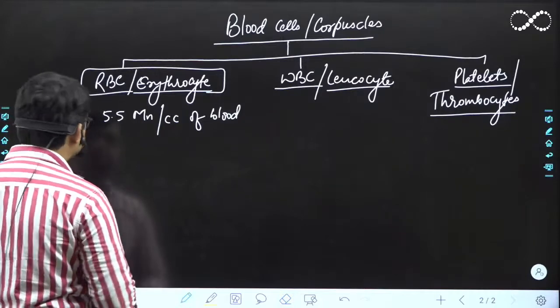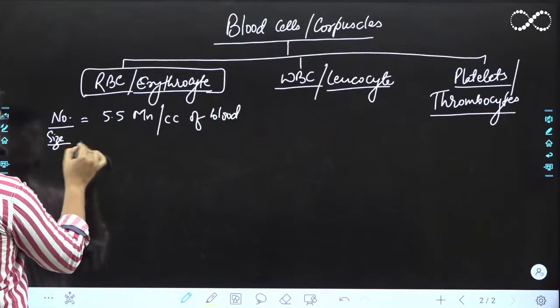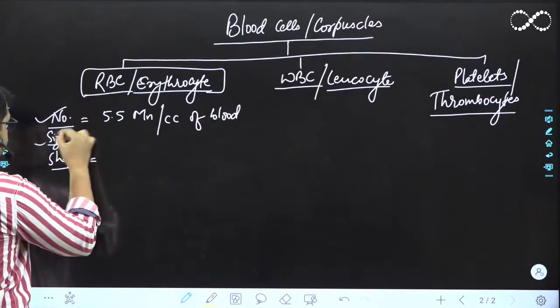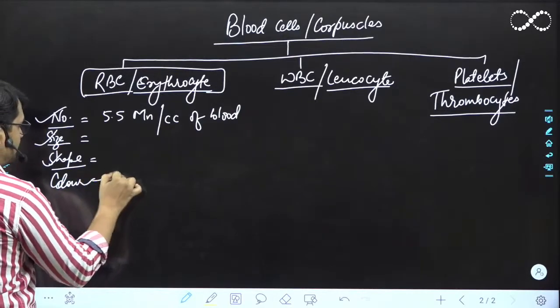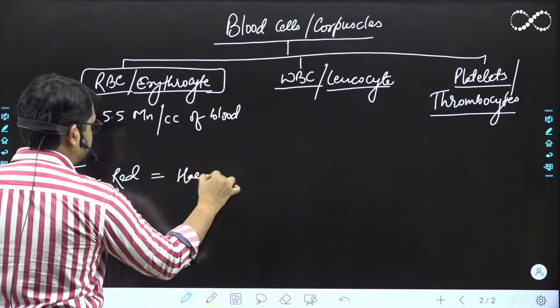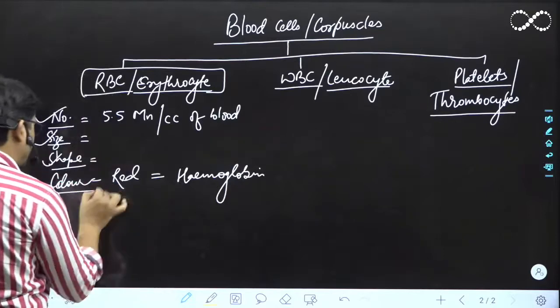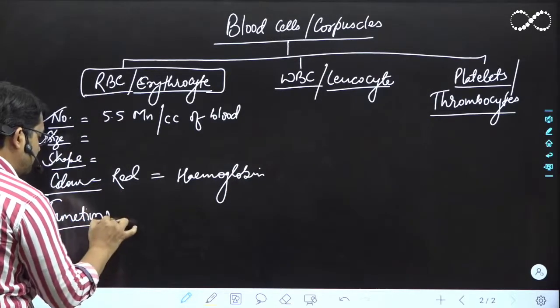Let's talk about. So we have number, we have size, we have also done the shape. Okay. Color की अगर हम लोग बात करें तो obviously it appears red in color, and why? Because of hemoglobin. Correct? Okay. If we are talking about the function of RBC, what is the function?